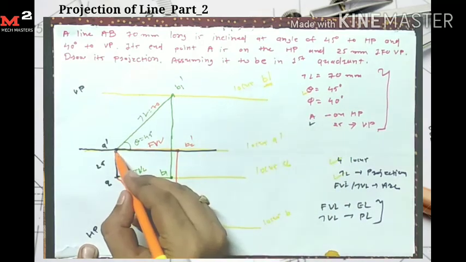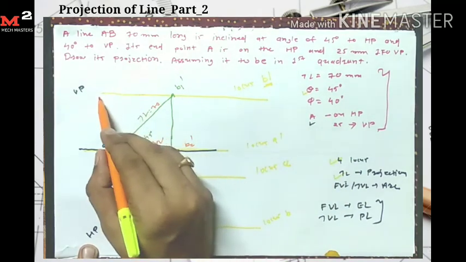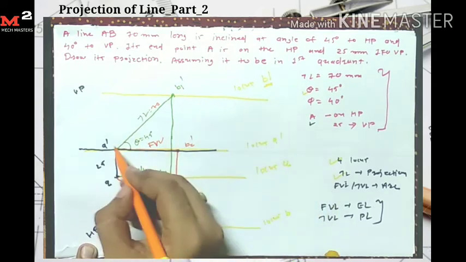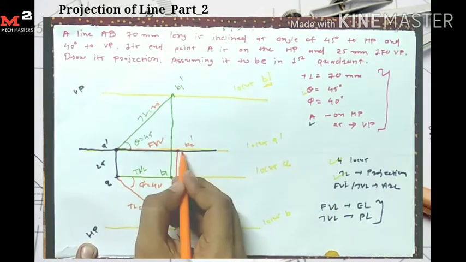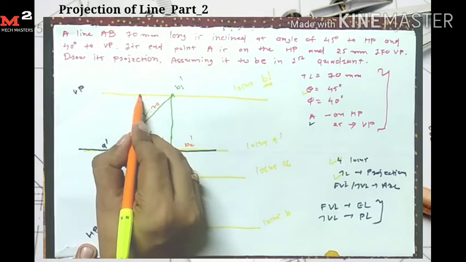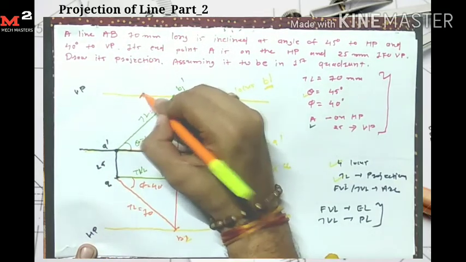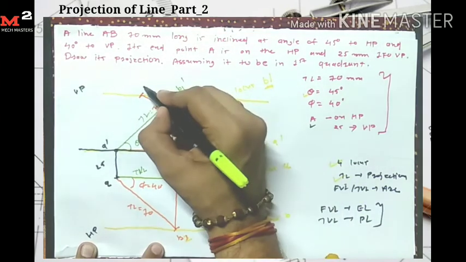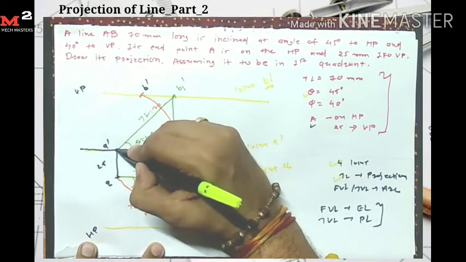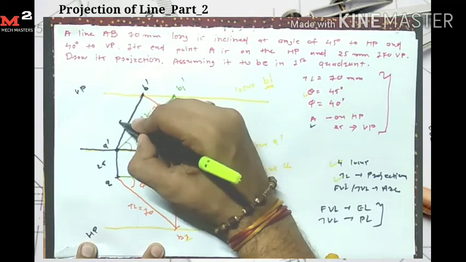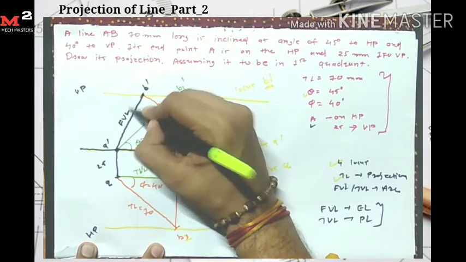Its length is equal to A dash B2 dash, and I get the point B dash on this line. So I take A dash as the center and A B2 as the radius, and draw one arc which intersects here. Here I get my final point B dash. So A B dash is my final front view length.